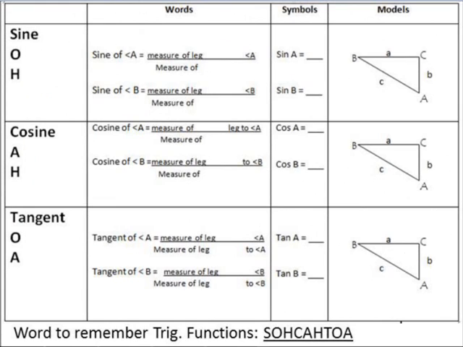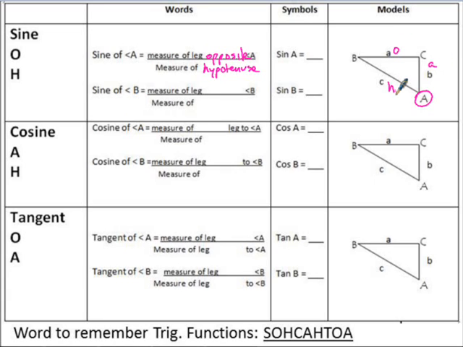So the sine of angle A is the measure of the leg opposite to angle A over the measure of the hypotenuse. What's a really good idea is if we're talking about angle A, label the sides.